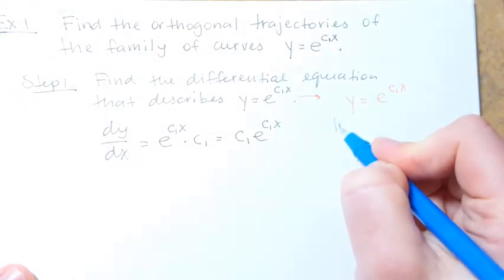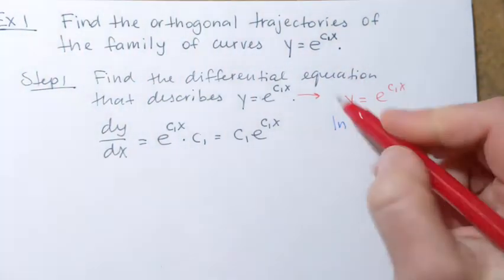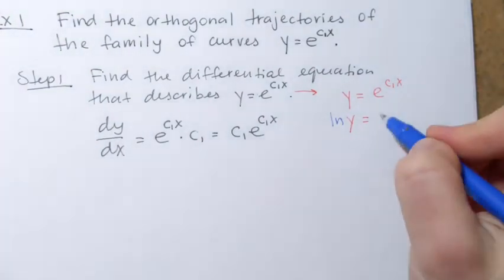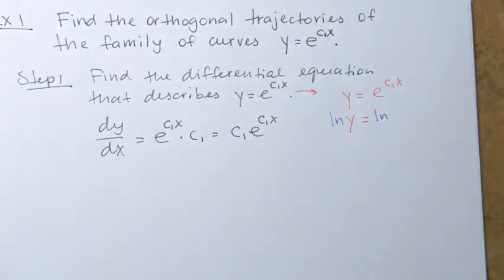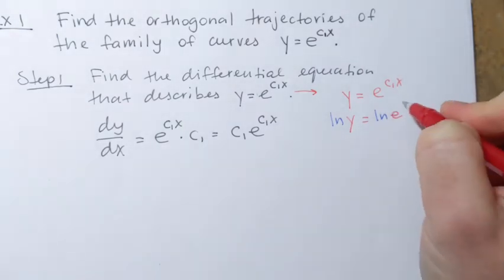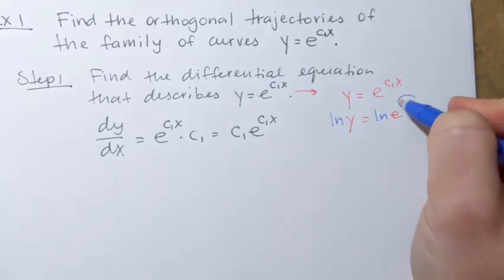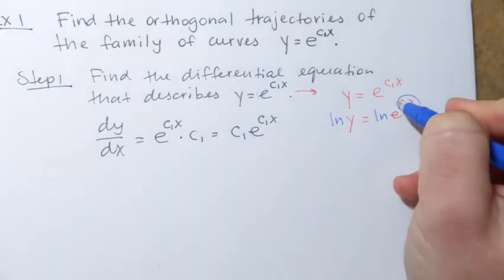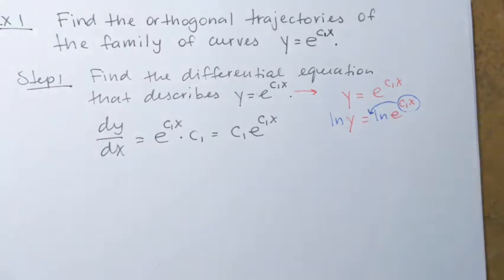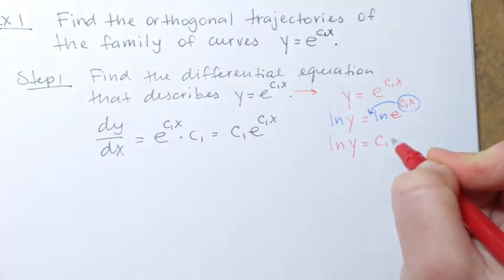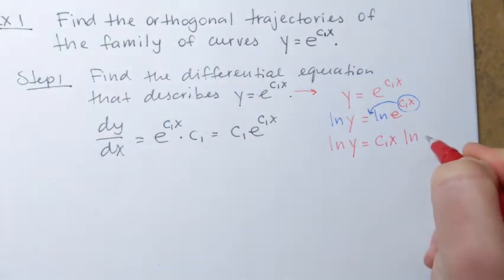So it's going to be ln of y equals ln of e to the power c1x. All that was done so that we can bring c1x and put it in the front. So we have ln of y equals c1x times ln of e.